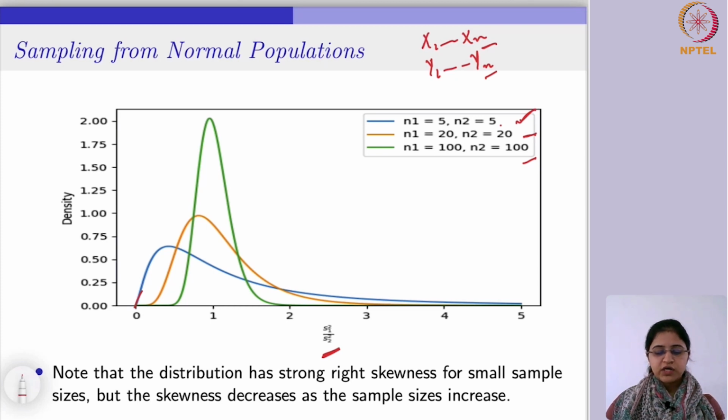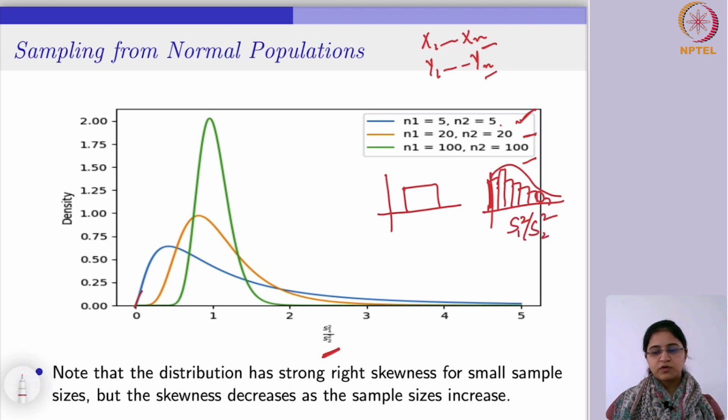There might be situations where you are sampling from non-normal populations. Suppose you have taken a sample from uniform distribution, right? You can see that here, in this case, again, if you plot S1 square over S2 square, then the initial histograms might be like this, right? So it is skewed. And as you increase the sample size, when you are plotting the sampling distribution of S1 square over S2 square, you will see that it will become more and more similar, right?